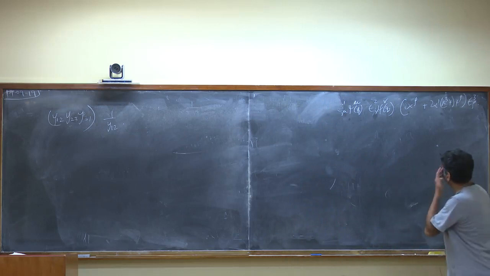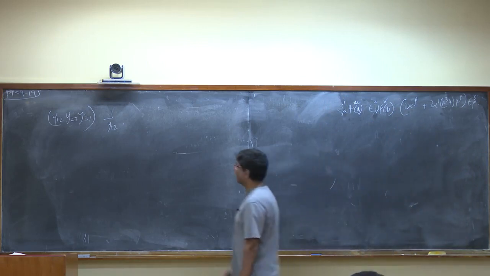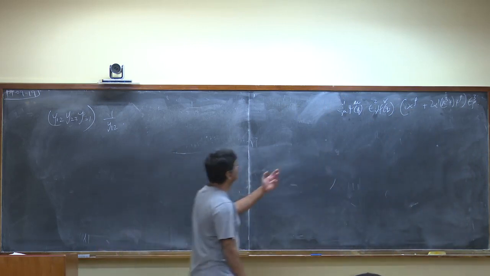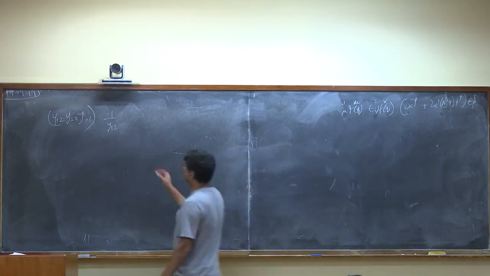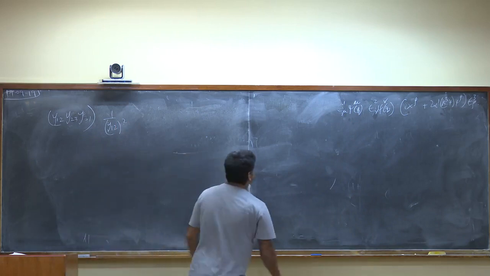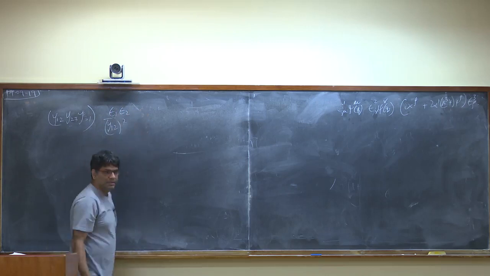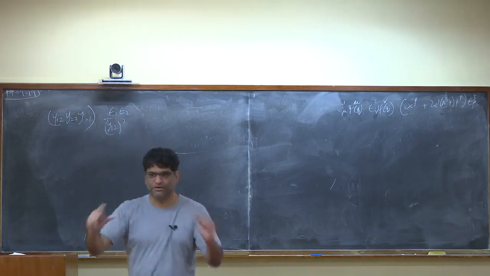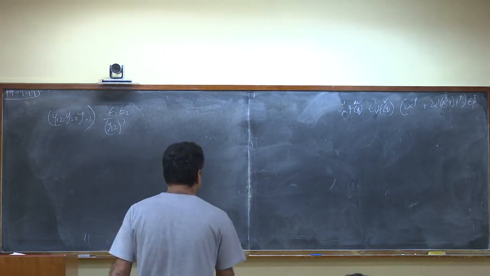Then we had the term from here. Wait, first let's do the contraction of these two. That made 1 over y12 squared, and gives us an epsilon 1 dot epsilon 2, because the two-point contraction of two psi's, since they are dimension half fields.